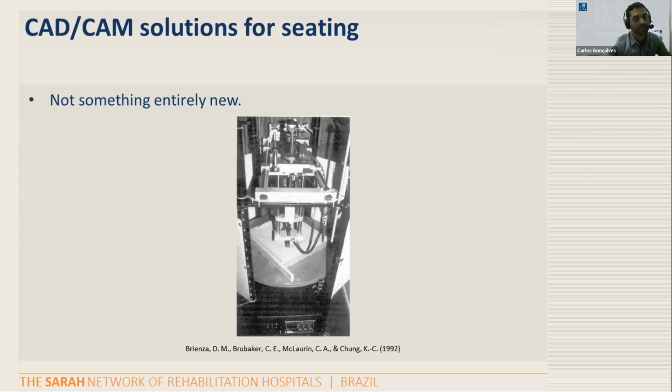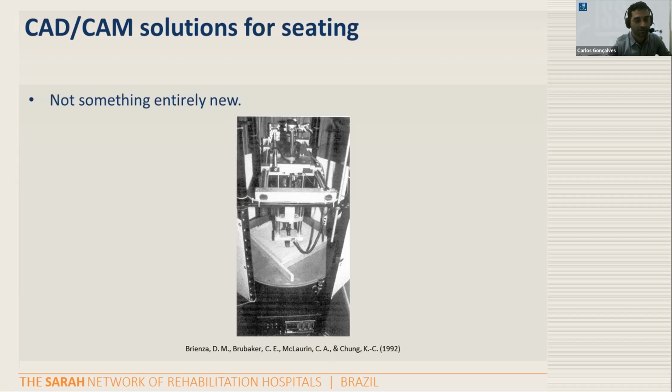So with that in mind, around 2015, we wanted to increase our options for providing seating solutions for patients with severe deformities. And we have to keep in mind that in all the 9 hospitals, we have seating clinics in the orthopedic workshops. So it's something with great demand in our network.